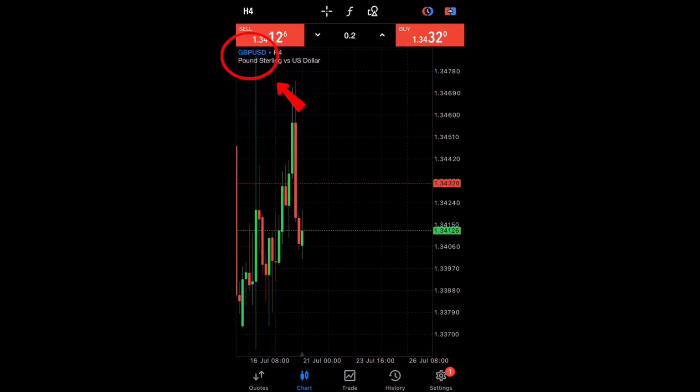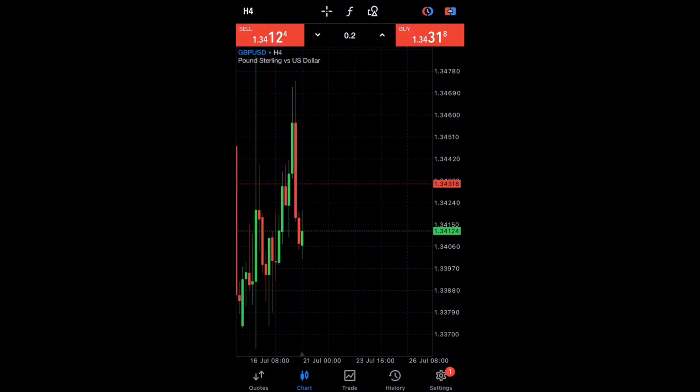Now you can see a perfect example in this GBP USD chart. That's Great Britain pound sterling versus US dollar. You can see in the top right position buy, and in the top left position sell. And actually you can see the currency difference, or the exchange rate, of both currencies. Now in the sell, that's GBP, you can see 1.3412.